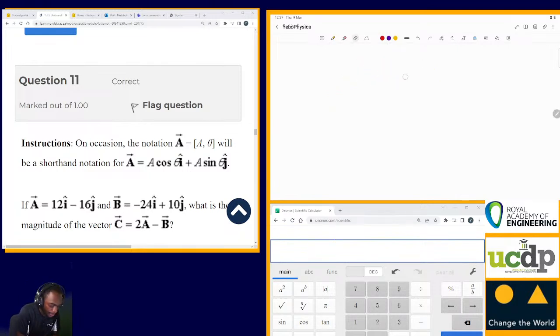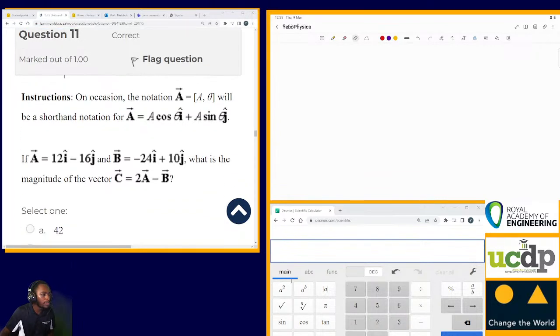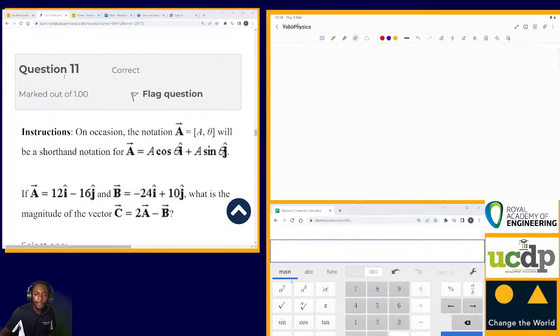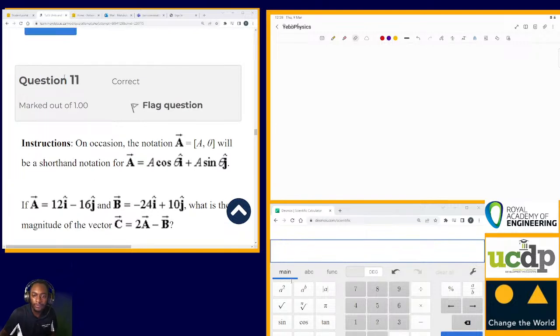So we said we're going to be starting with question 11. I hope you can clearly see the questions on the screen there. That's our question 11.